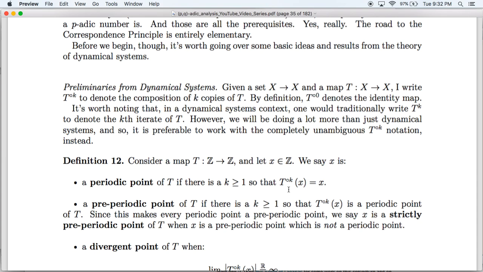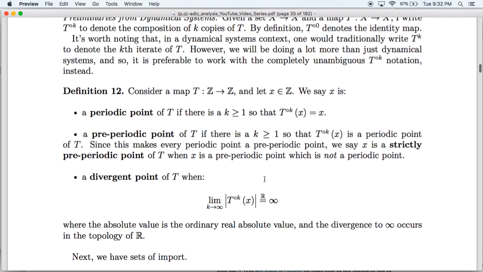So for the shortened 3x+1 map, 4 is strictly pre-periodic because it gets sent to the periodic point 2. A divergent point of T is when the iterates of x under T diverge to infinity in absolute value. This is the ordinary real absolute value, and the divergence occurs in the topology of the reals.